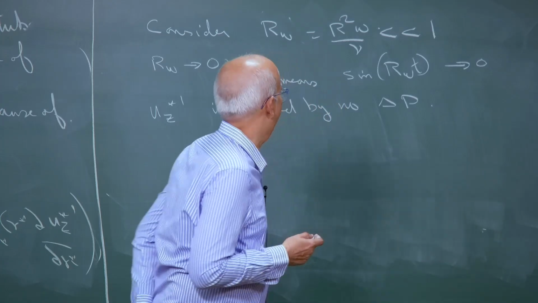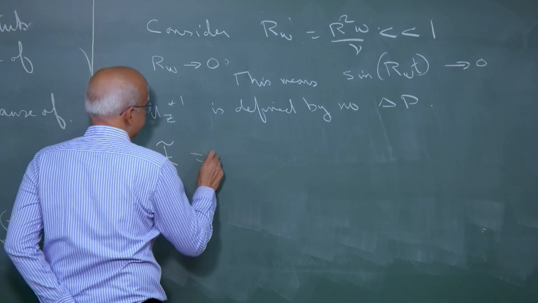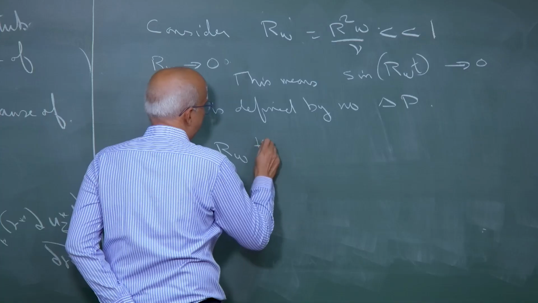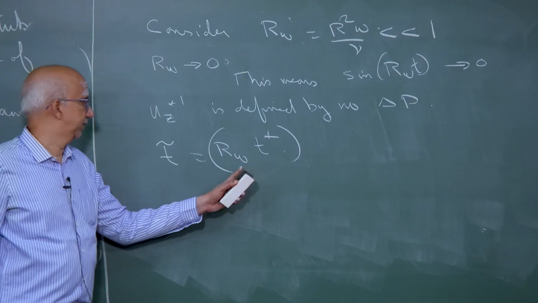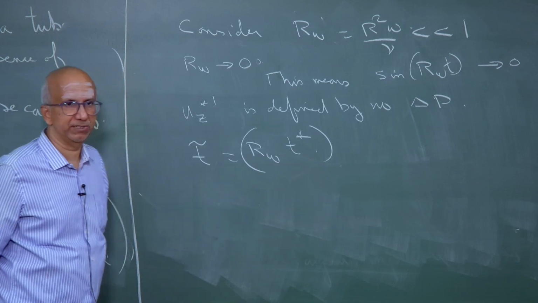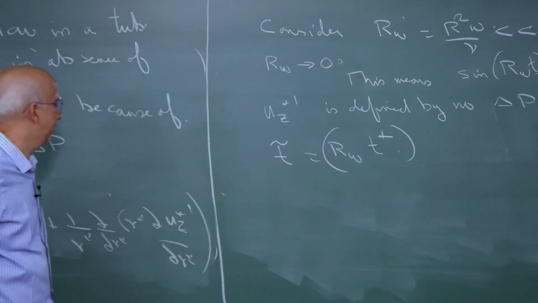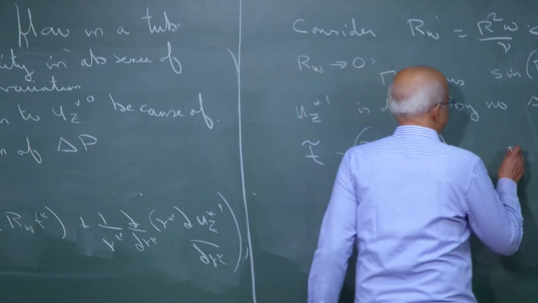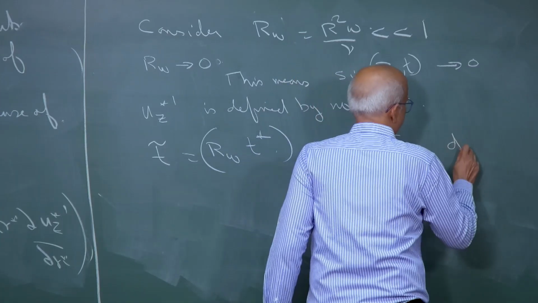So, what I am going to do now is I am going to define T tilde as RW T star. See, this is also dimensionless. Only thing is this is a new time scale which is RW times T star. And now what is going to happen is I am going to replace this T star by T tilde, and this is not going to get modified because there is no T here. Okay. So, if you want to substitute this, dt star RW equals dt tilde.